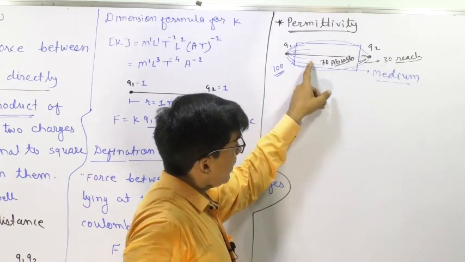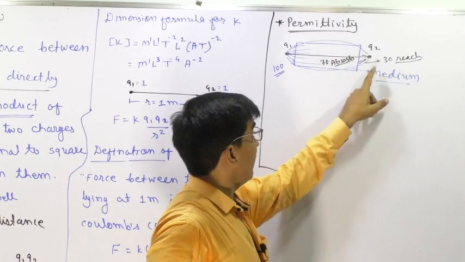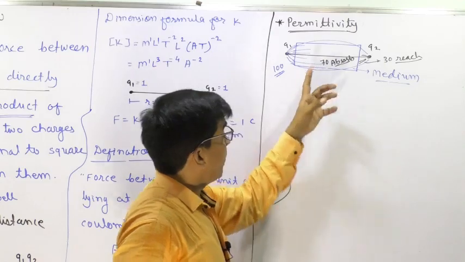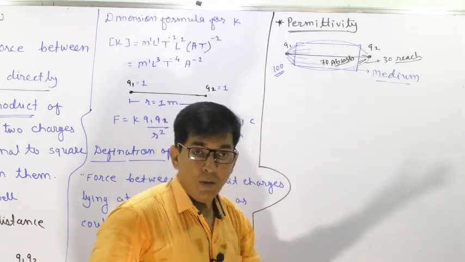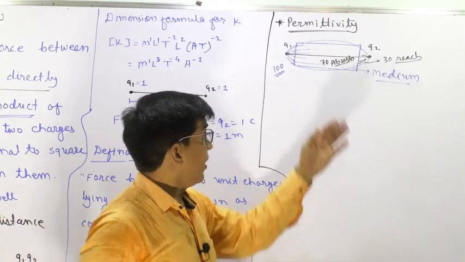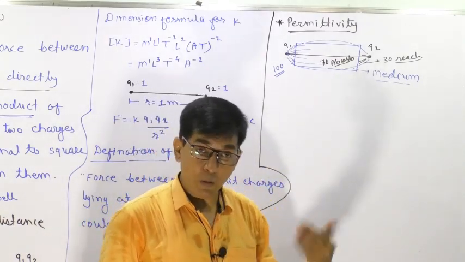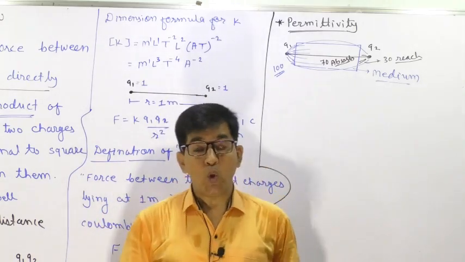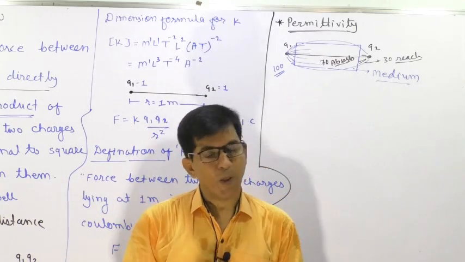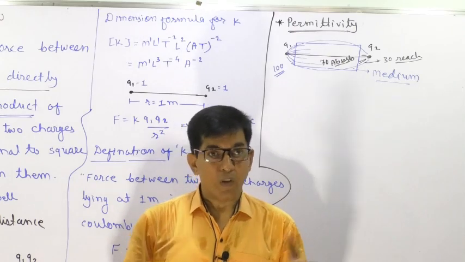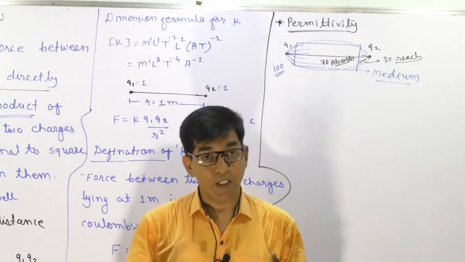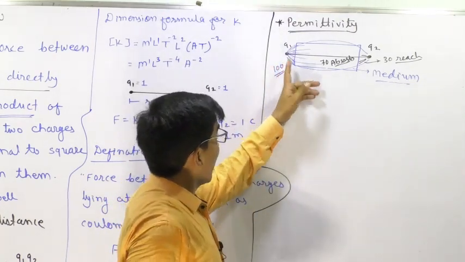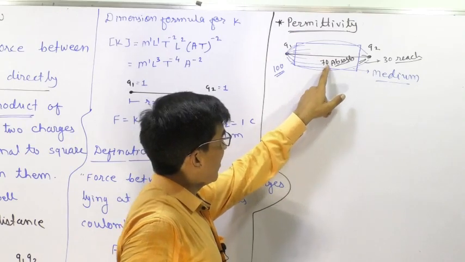If permittivity is 60, then the threads that reach will be 40, and the force will become stronger. So if permittivity increases, the force will decrease, and if permittivity decreases, the force is more. The relation between the two quantities, force and permittivity, is an inverse relation, because when one quantity increases, the other decreases.